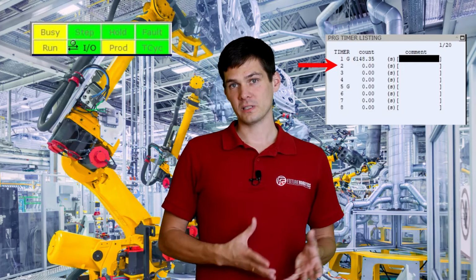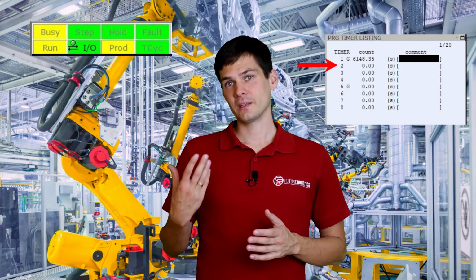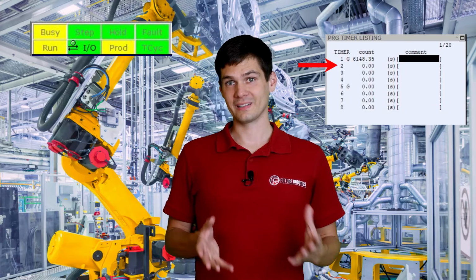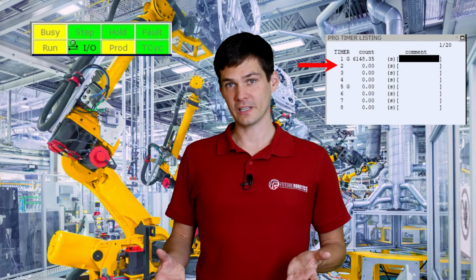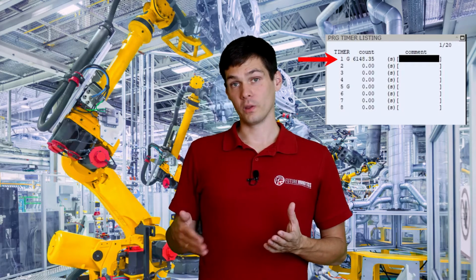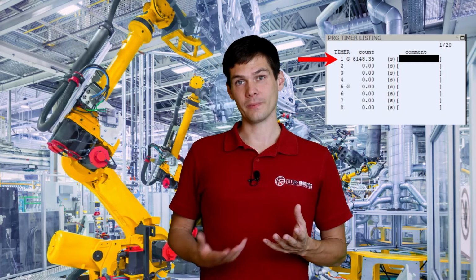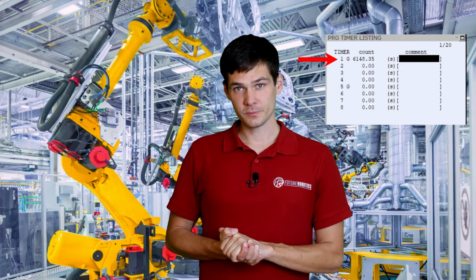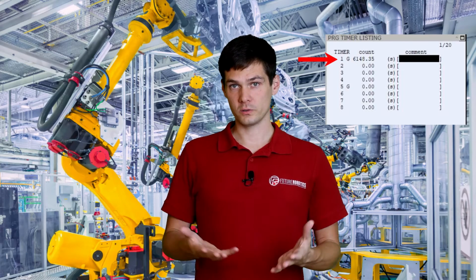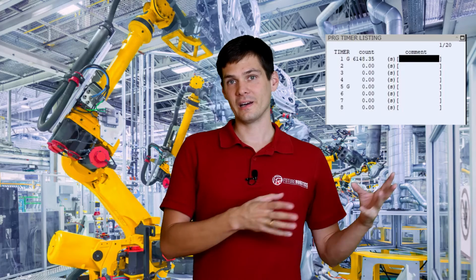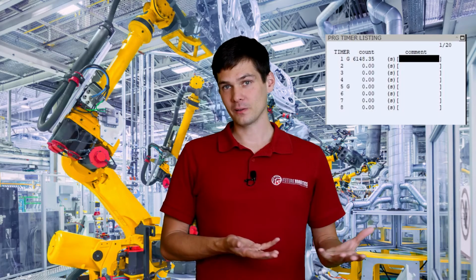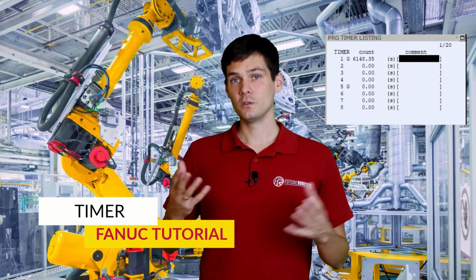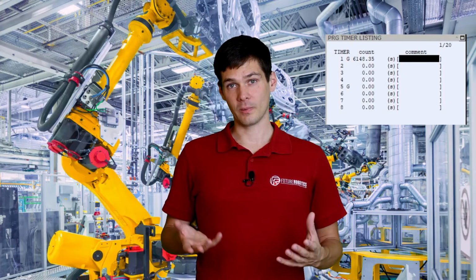Whenever the robot is paused or not running, the timer will stop with it, which is kind of important. On the other hand, you have the global timers that will run all the time. They will never stop until you tell them to. This is super important, guys, because depending on what you want to do, either you want to measure the actual time of something without interruptions, or you want to measure the actual cycle time, you need to choose between the local and the global timer.